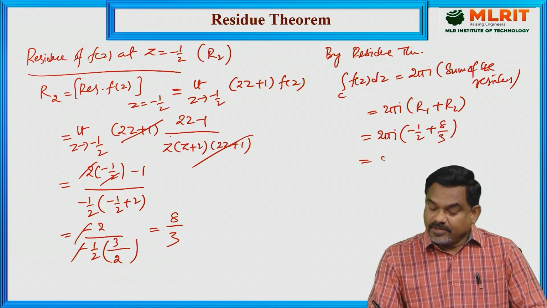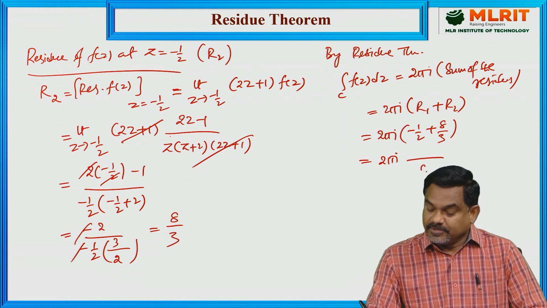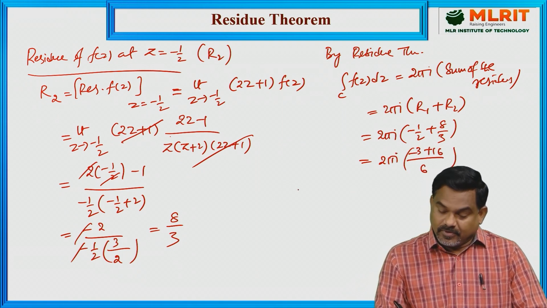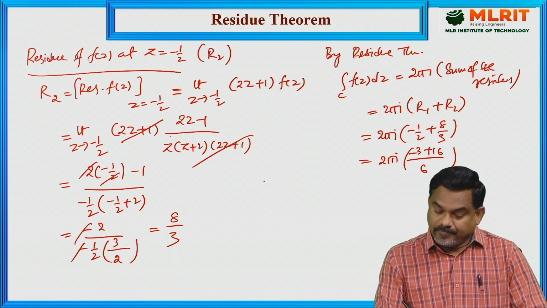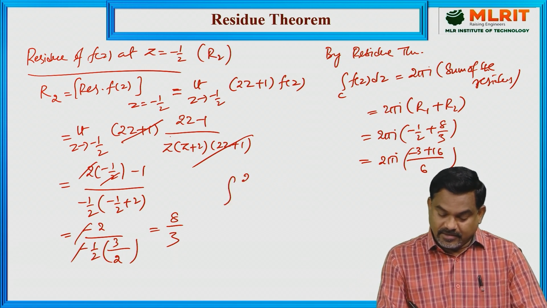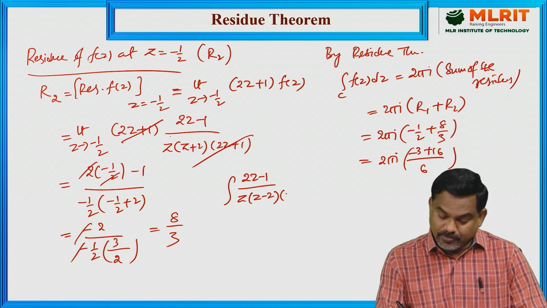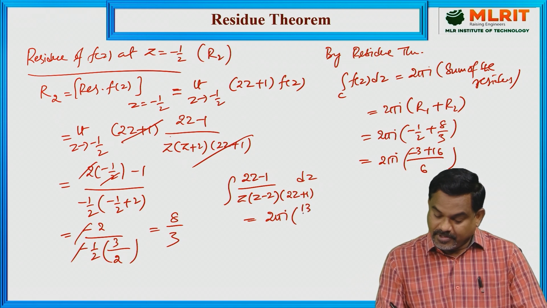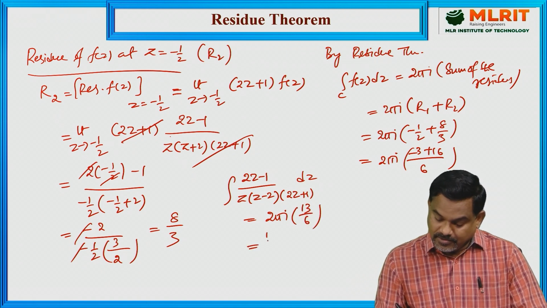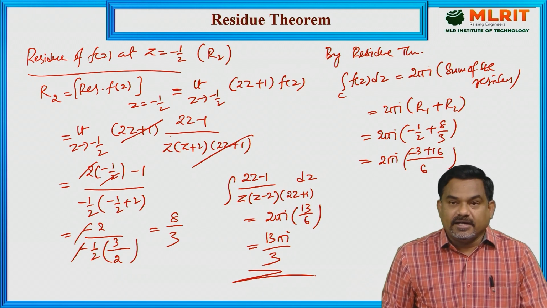Now this is equal to 2 pi i into (6 minus 3 plus 16) by 6. So the given line integral of 2z minus 1 by z into z plus 2 into 2z plus 1 dz is equal to 2 pi i into 13 by 6. So 13 pi i by 3. This is the integral value.